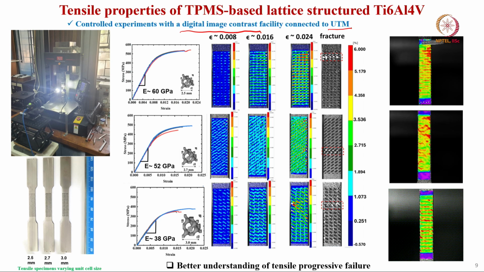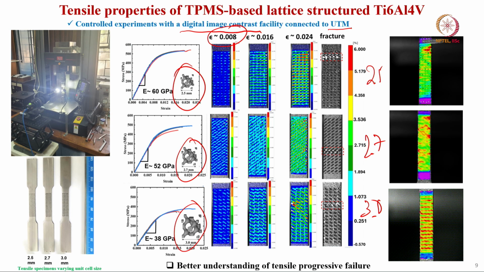For example, at epsilon of 0.008 you can see the 3 millimeter, 2.7 and 2.5 millimeter unit cell size lattice structures experiencing the tensile stress-strain response.